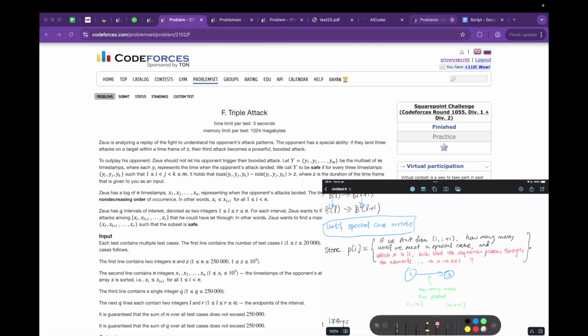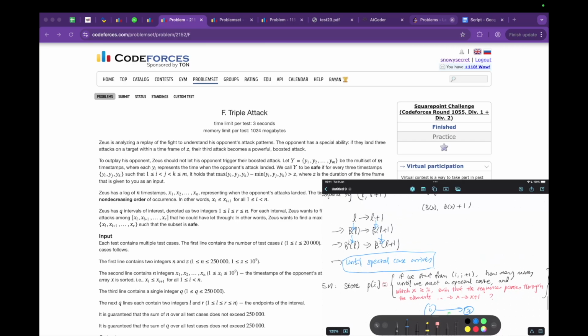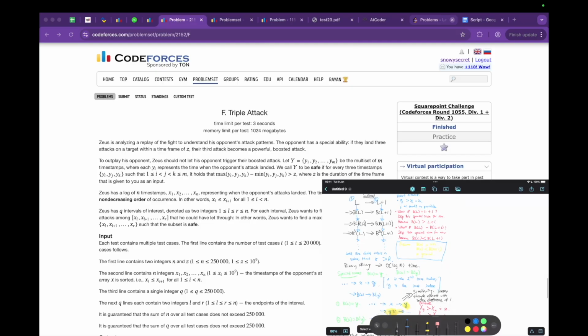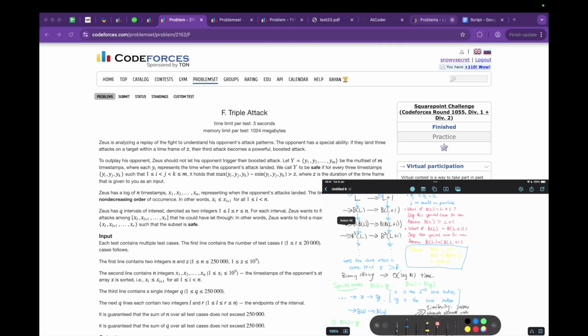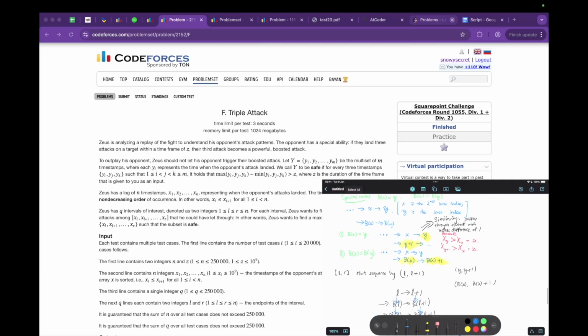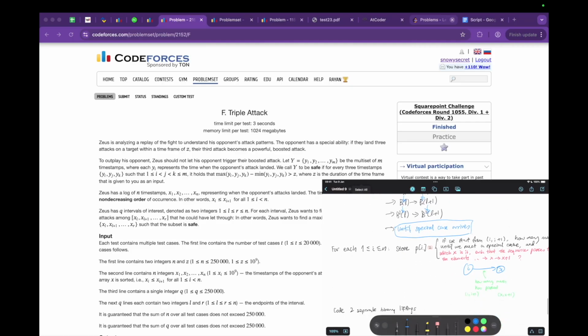And we could just jump through this graph until we meet something that is close to R. And then once we meet something that's close to R, we could go back to the first one, where we guarantee there is no instance of a special case. So if there is no instance of a special case, we would safely just compose the function until we enter a value that is greater than R. So that is basically how the solution to this problem works.